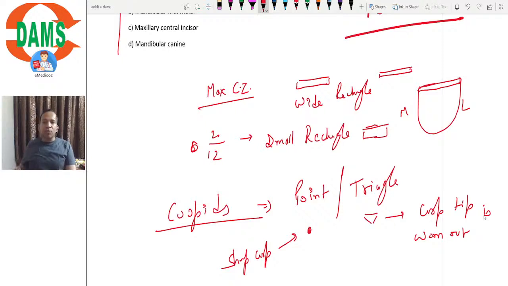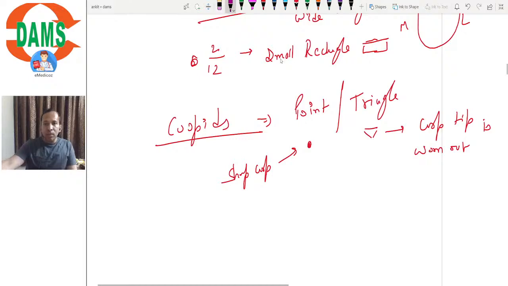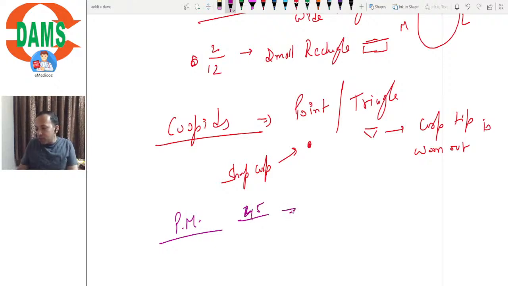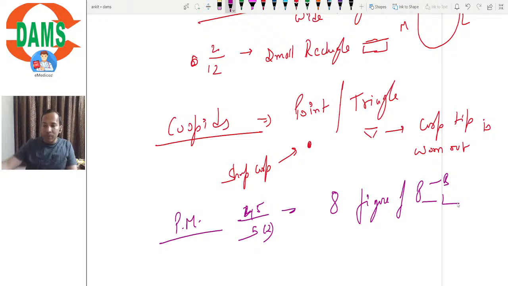Similarly, premolars, maxillary premolars, so let's say upper 4 and 5, also lower 5. If the lower 5 is a two cusp form, it will form a figure of 8 pattern, because both the buccal and lingual cusps would be seen, isn't it?